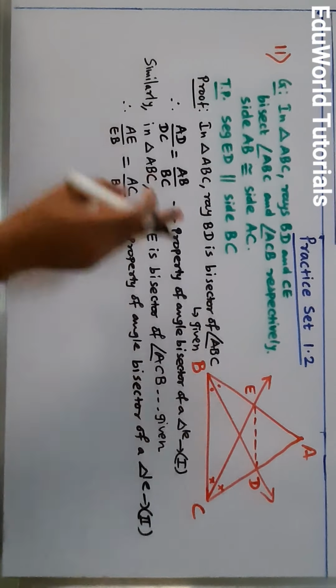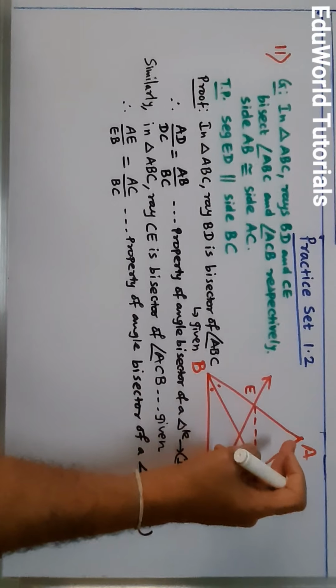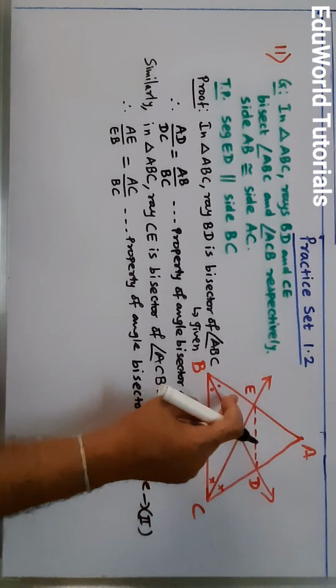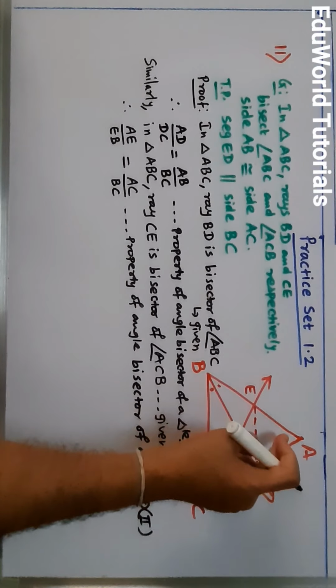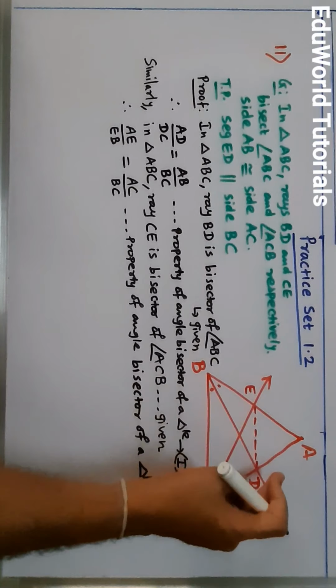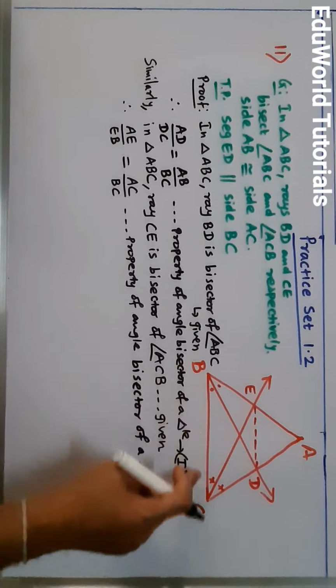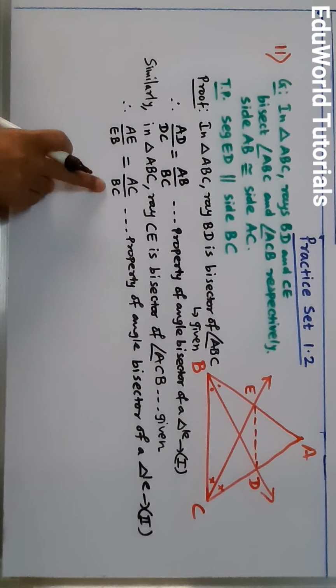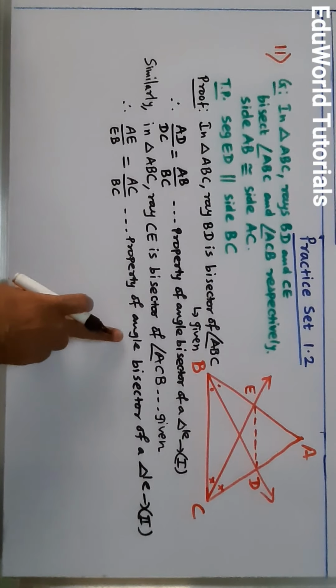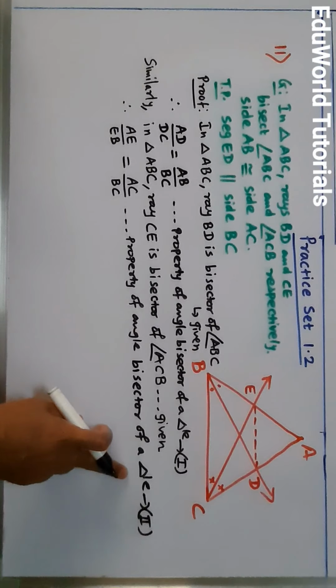Given. Therefore, the opposite side is divided in the two parts AE and EB. The ratio of these two parts AE to EB is equal to ratio of the remaining sides of the triangle, that is side AC upon side BC. This is again by property of angle bisector of a triangle.